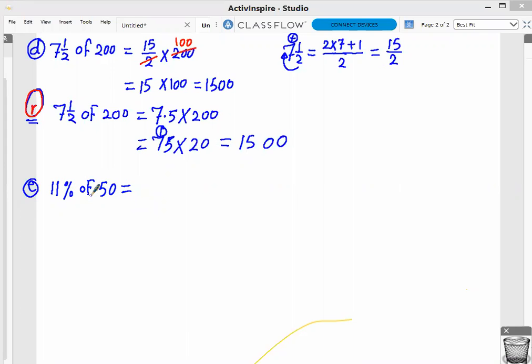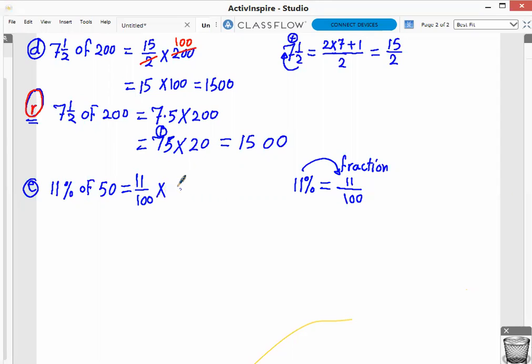It is 11% of 50. We will convert 11% into a fraction. It will be 11 over 100. Then it will be 11 over 100 multiplied by 50.